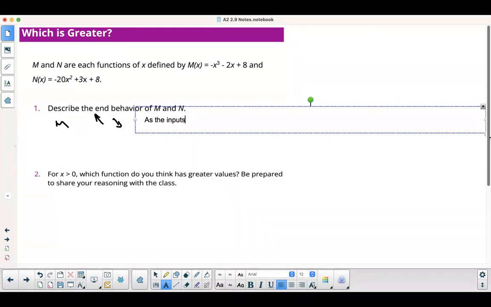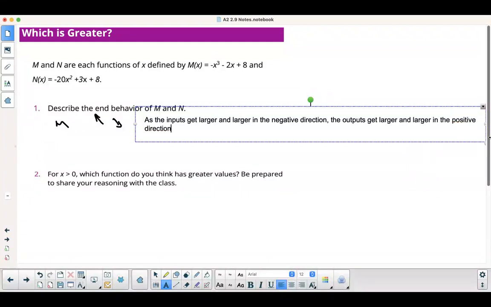As the inputs get larger and larger in the negative direction, the outputs get larger and larger in the positive direction. Okay, and again, you can think of it like this. That's the left part of the graph.